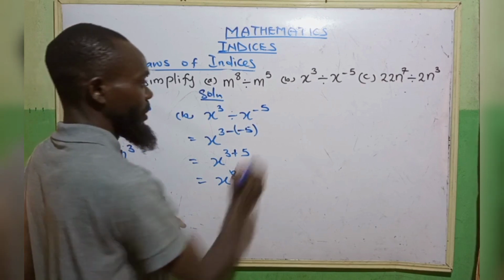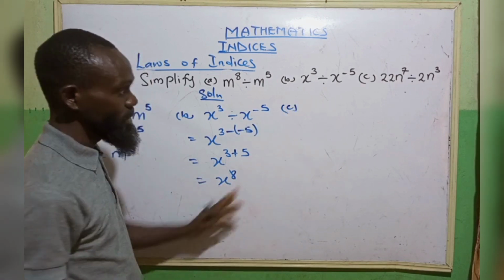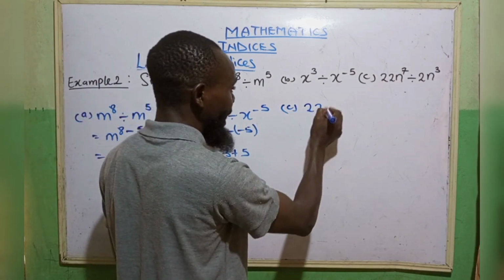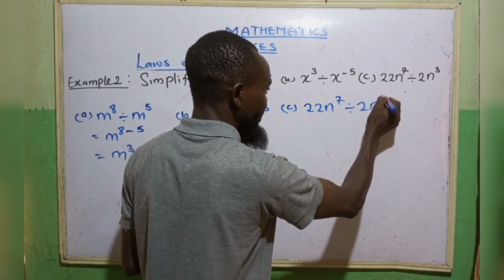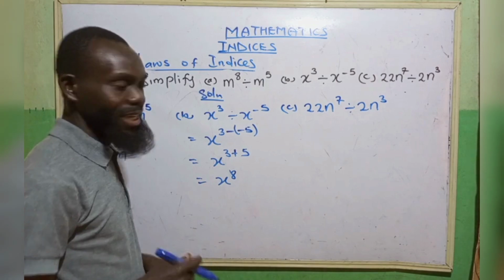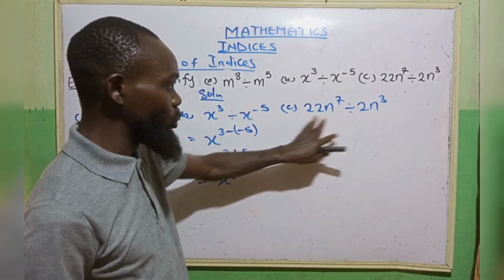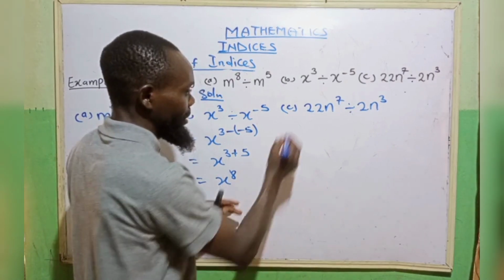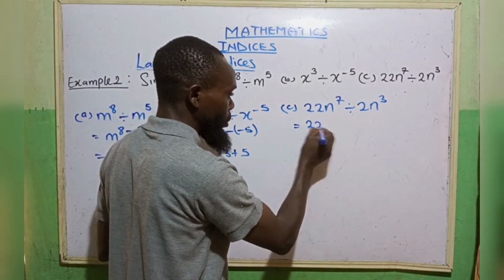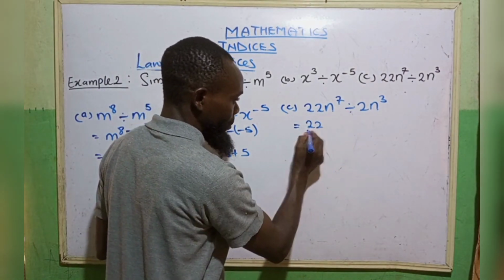8. Question C. We have 22n raised to power 7 divided by 2n raised to power 3. Looking at this, the coefficients are different. This is 22, this is 2. So let us deal with the coefficient first. That is 22 divided by 2.